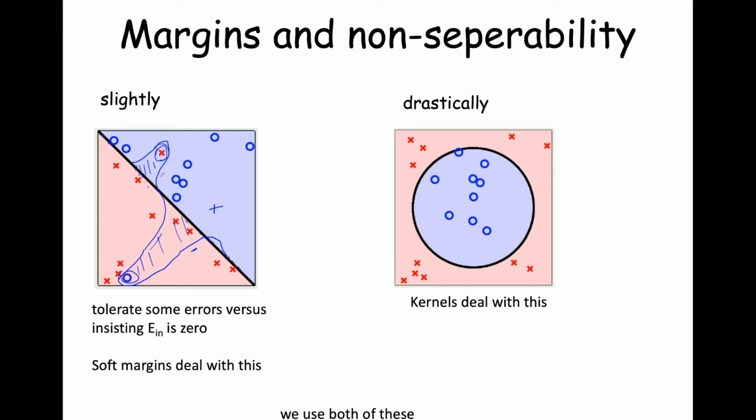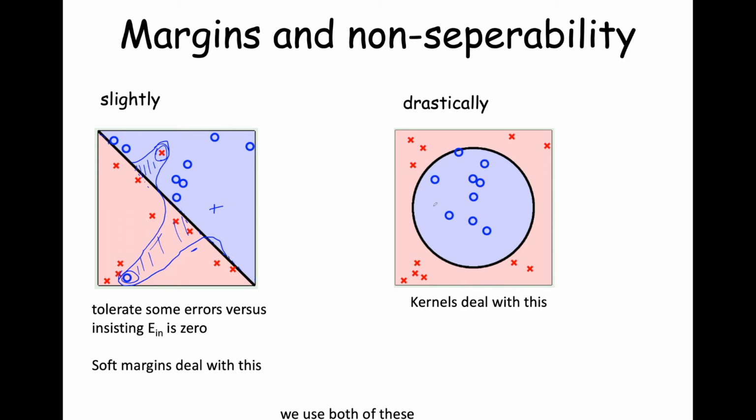And so in slightly nonlinear problems, we want to sacrifice En because we don't want to spend extra degrees of freedom, nonlinearity, in our final best hypothesis to pursue the relatively small number of outliers.